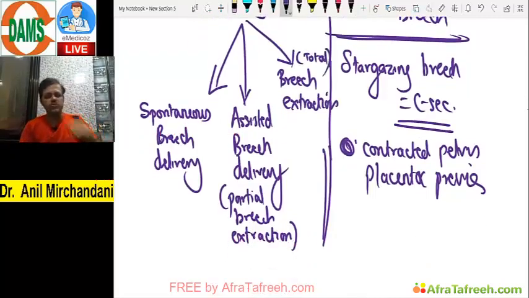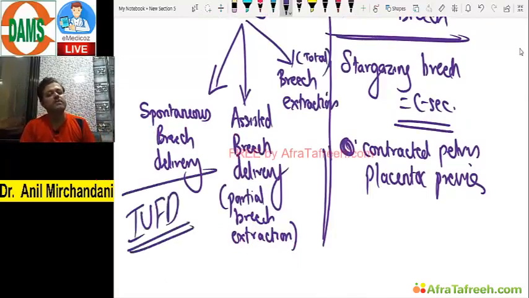Spontaneous is wait and watch, do nothing, the baby will come out on its own. Preferred in a condition where the baby is already dead. If fetal demise is there, you don't intervene, let the baby come out on its own.